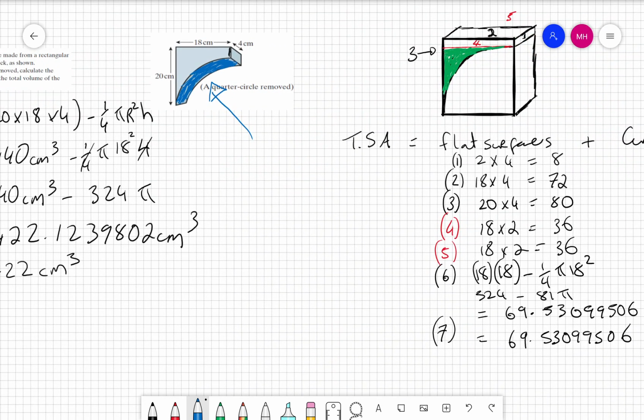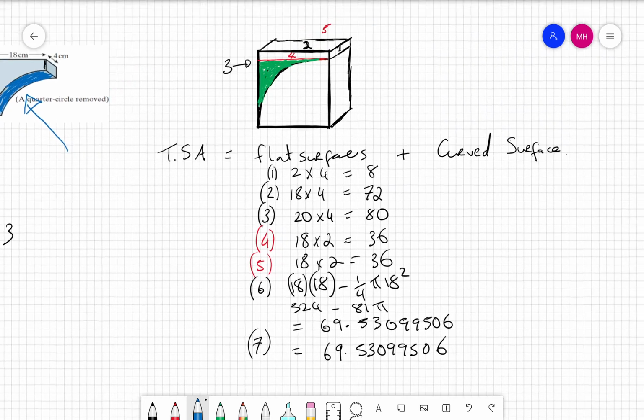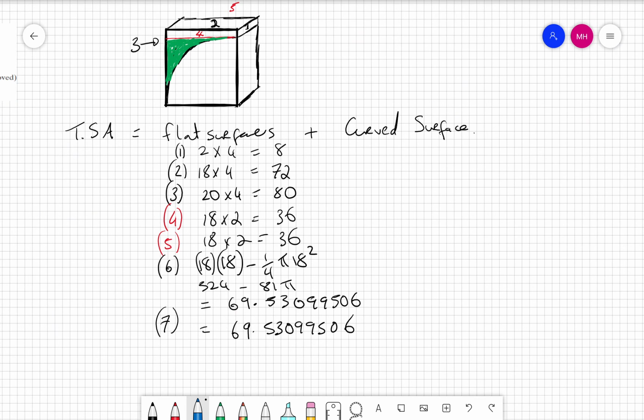So they're going to have the same surface area. So the cylinder that came out of there has the same surface area as the stanchion that it left behind, or the exposed area that it left behind. So we've got to find the curved surface area of a quarter of a cylinder that has a radius of 18.